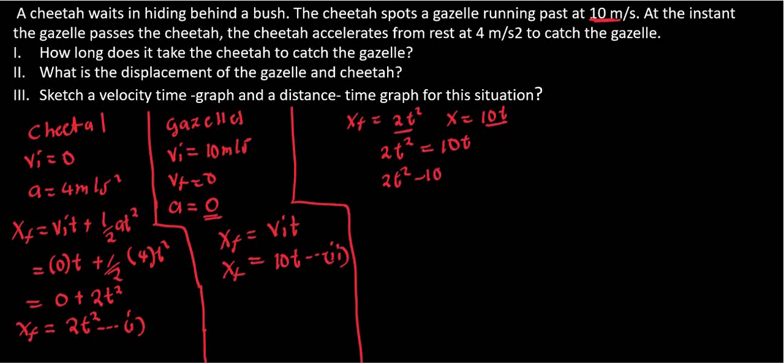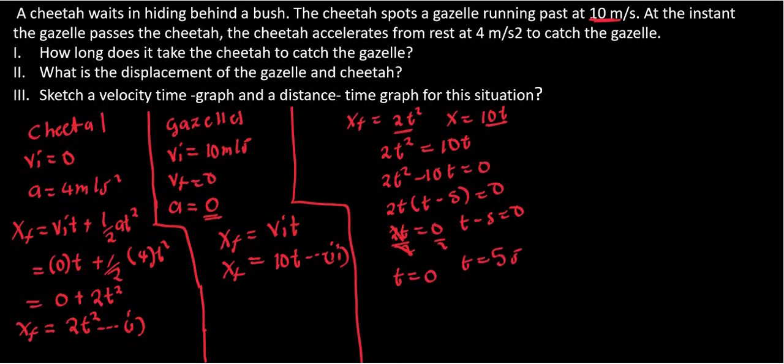Then the other one will come to this side, equal to 0. What's common? 2t. So you have 2t equal to 0, then t minus 5 equal to 0. So on this side, t equal to 0, and when that one goes to the other side, it will be 5 seconds.